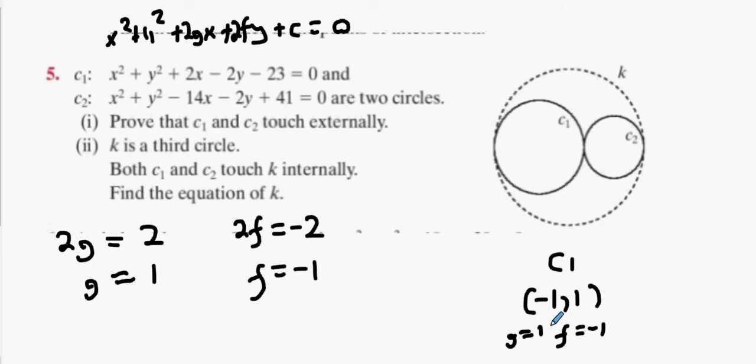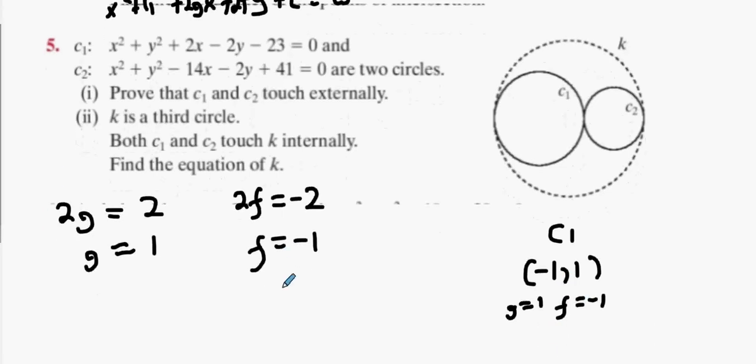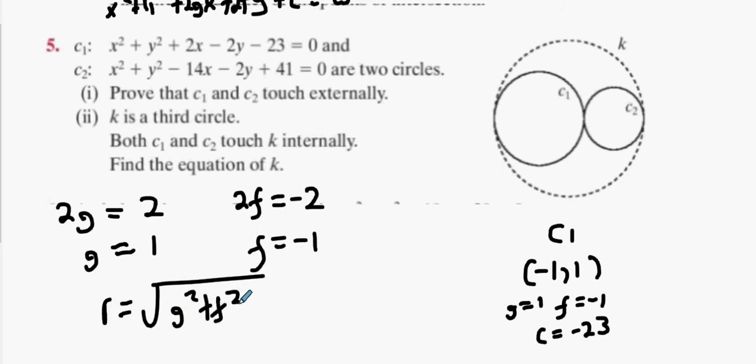What is the radius of the C1 circle? So how do you find the radius? G squared plus f squared take away c.